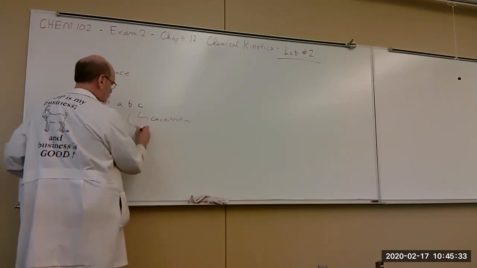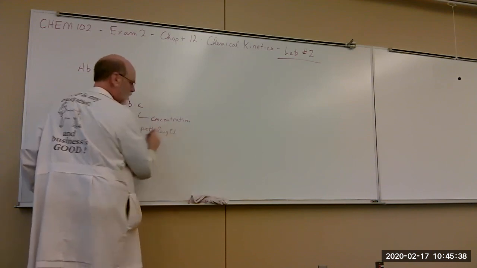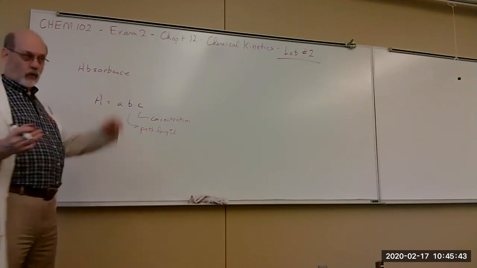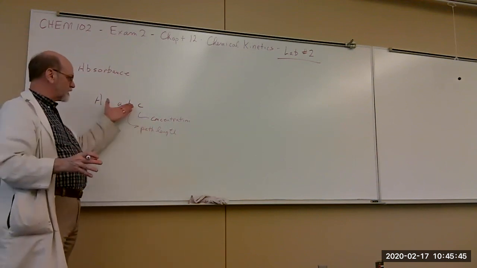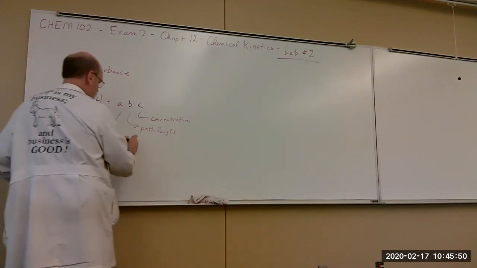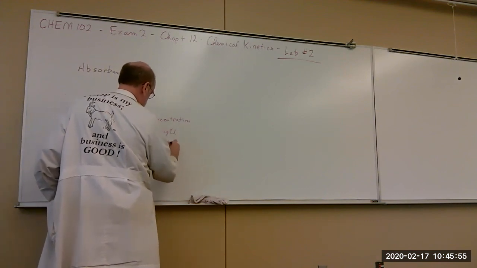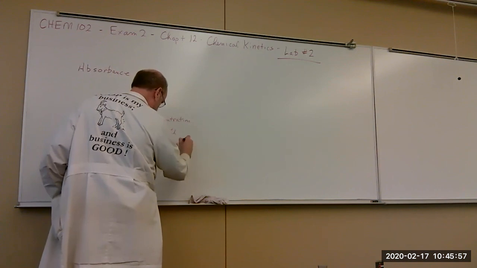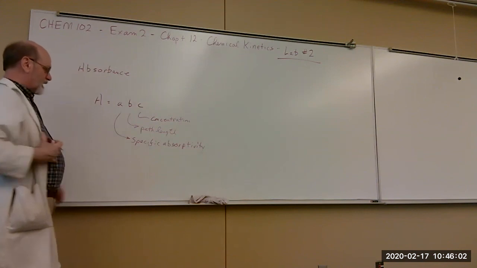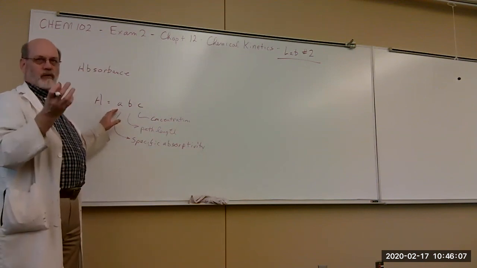B is the path length of your cell. But that's not going to change. You stick one cell in there, it stays the same. So this doesn't change at all. A is specific absorptivity. And this value is characteristic of every chromophore.